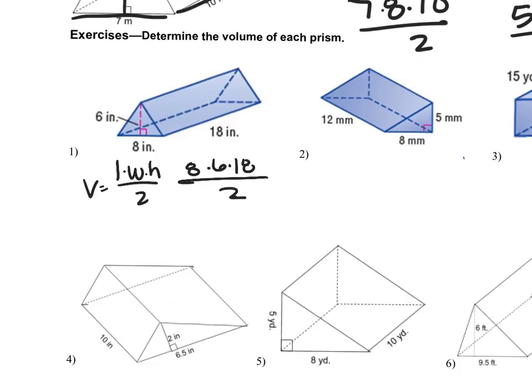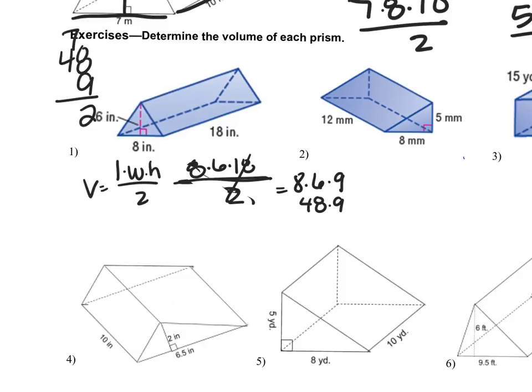So I could do 4 times 6 times 18 and get 432. So I'm going to take half of, actually, I'm not going to take half of 8. I'm going to take half of 18, because that makes it a little bit easier. So I'm going to say 8 times 6 times 9. So this is 48. 48 times 9 is 432. So the volume for this little triangle is 432 inches cubed.